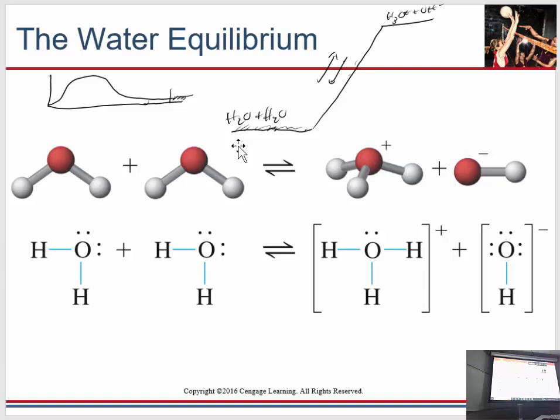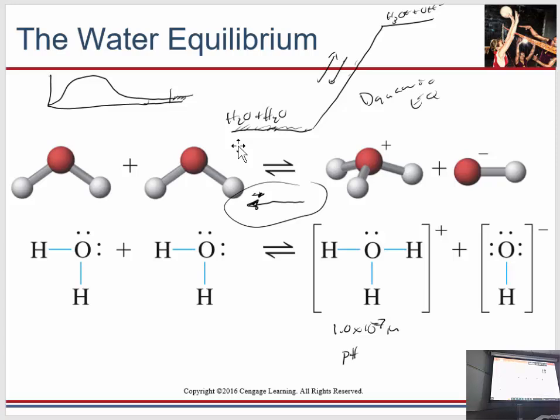But this reaction is heavily favored to the reverse, and just a tiny, tiny bit will go forward. And we'll have a dynamic equilibrium set up in pure water. This dynamic equilibrium is going to result in 1.0 times 10 to the minus 7 molar hydronium, or H plus.